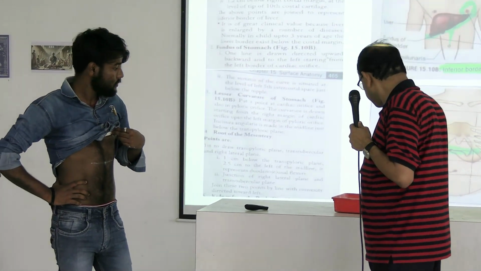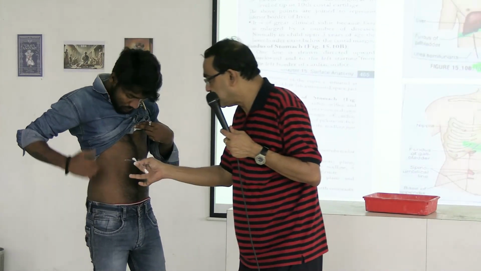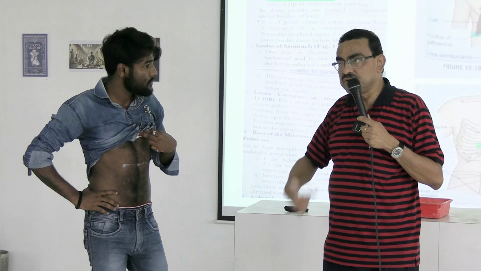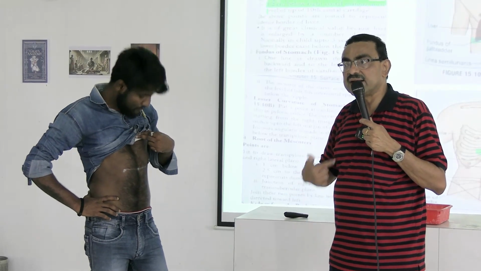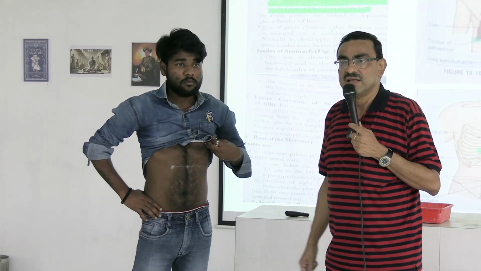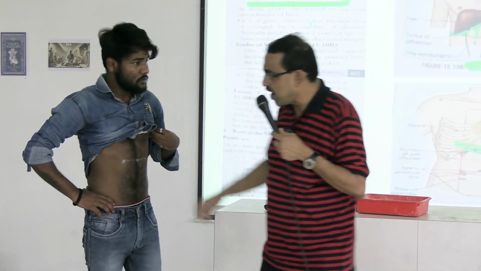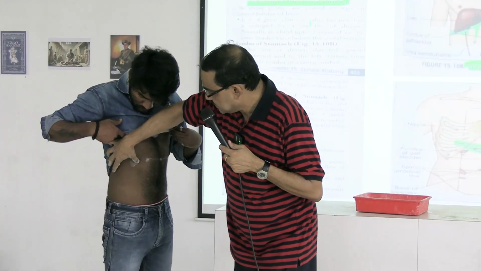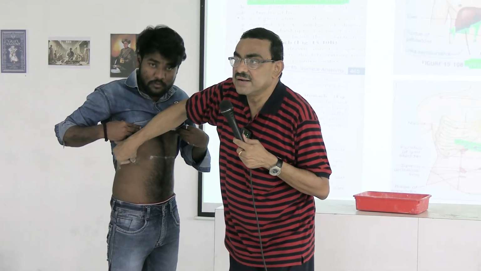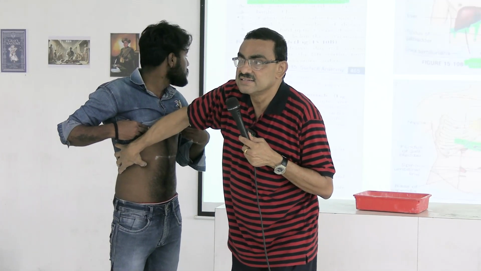The third point is at the tip of the ninth costal cartilage. That means the junction between the right border of the rectus and the right costal margin. The third point. And the fourth point, we can feel the tip of the 10th costal cartilage.